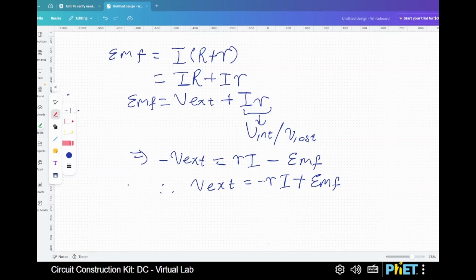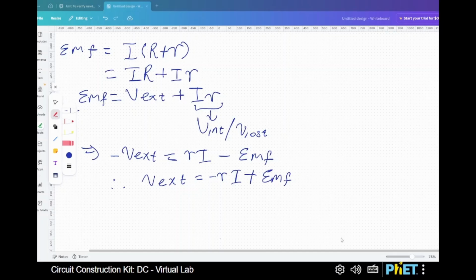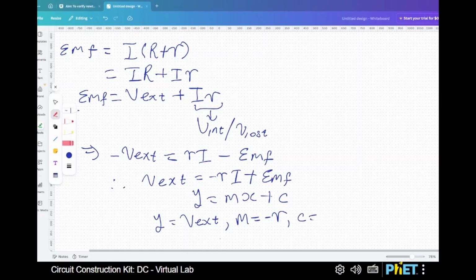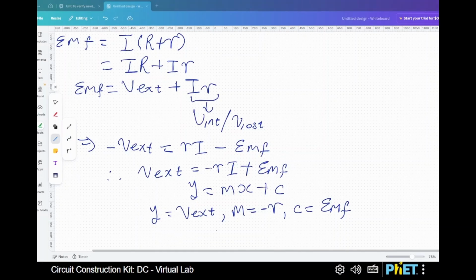So this is in the form of y is equal to mx plus c, and my y is the external voltage, V external. My gradient, m, is equal to minus r, and then my y-intercept, which is c, is my EMF.